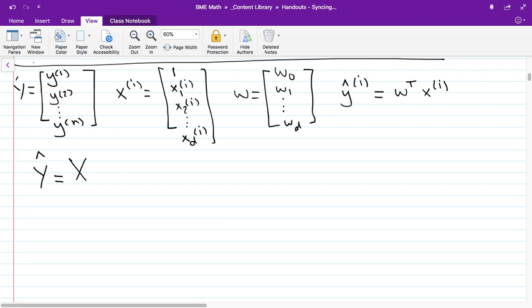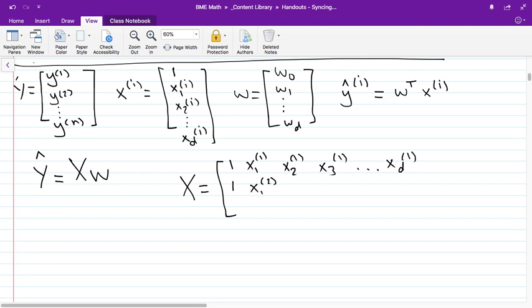That's going to be a matrix x times a vector w, where the matrix x is going to look like this: 1, x1 of 1, x2 of 1, x3 of 1, up to xd of 1; then 1, x1 of 2, x2 of 2, up to xd of 2; and so on, down to 1, x1 of n, up to xd of n.